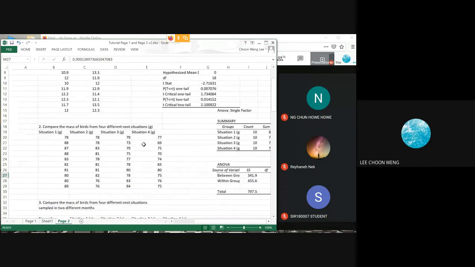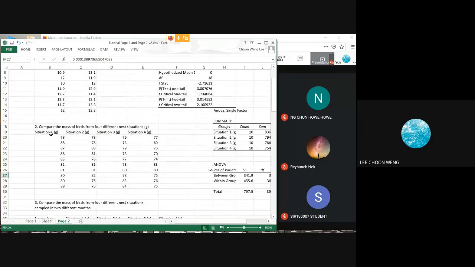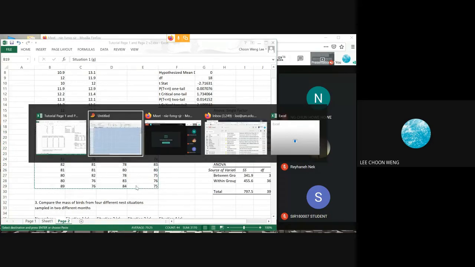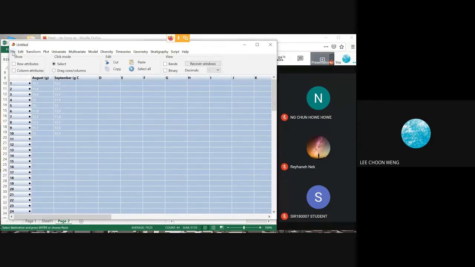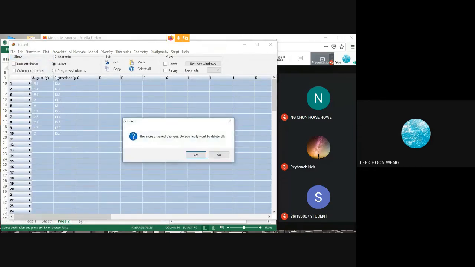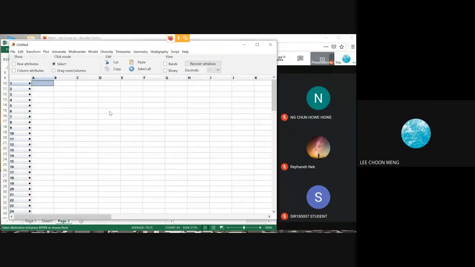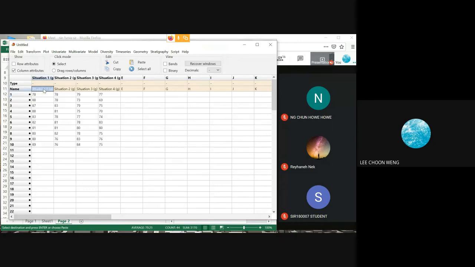Okay, so in situations like this, you realize you need something more powerful. Okay, let's try PAST. We do the same thing. I click column attributes so that I can paste it here. Okay, let's try it.